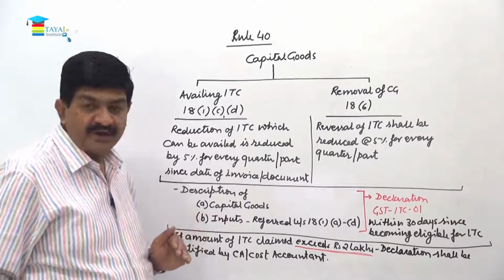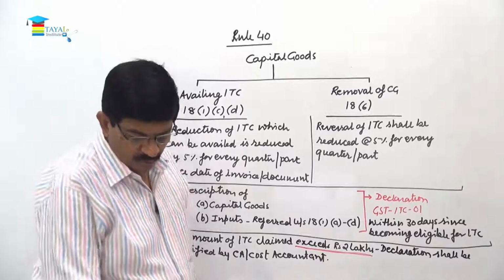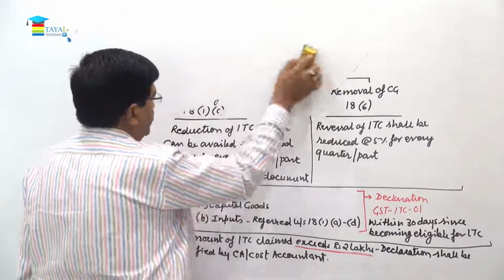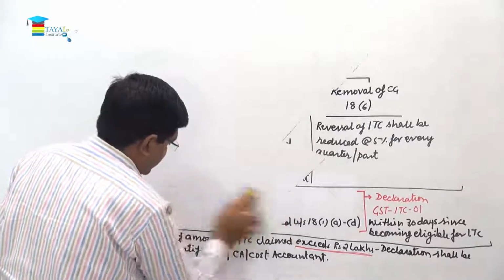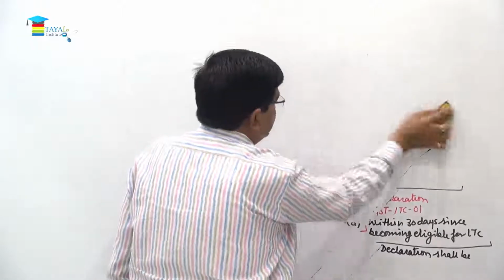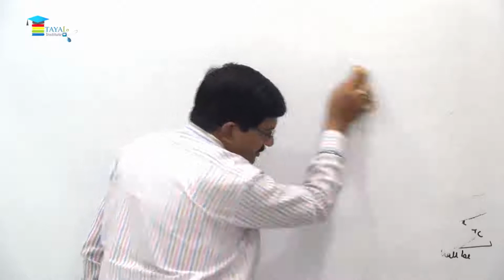I hope you have already taken the note, and now we move to rule number 41. Rule 41 is relevant for a specific situation, and that is covered in section 18 subsection 3: sale, merger, amalgamation, demerger, and those are the transactions covered herein.